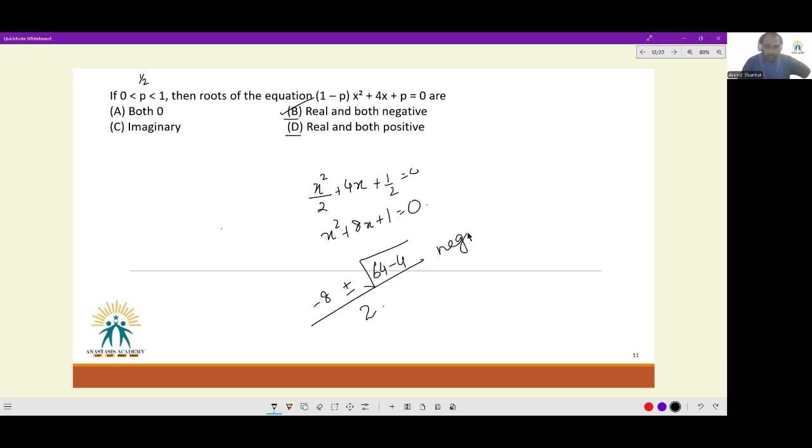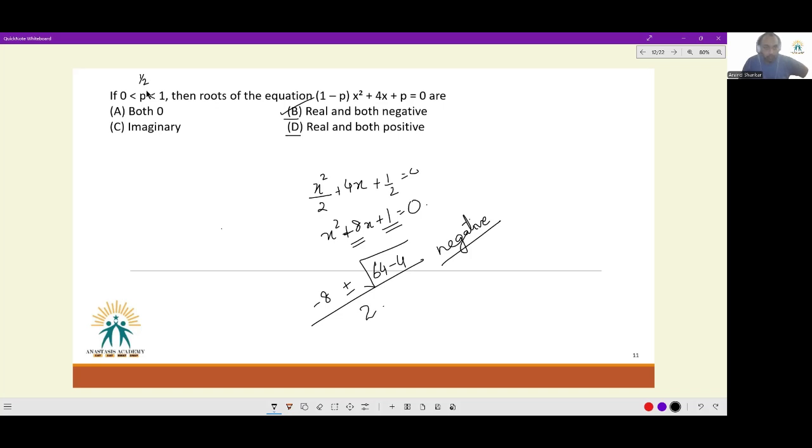Of course, the roots will be negative. Or you can also go on to see the product of roots is turning out to be negative, and the sum of roots is also turning out to be negative. If the product of roots is negative and the sum of roots is also negative, how can that be?